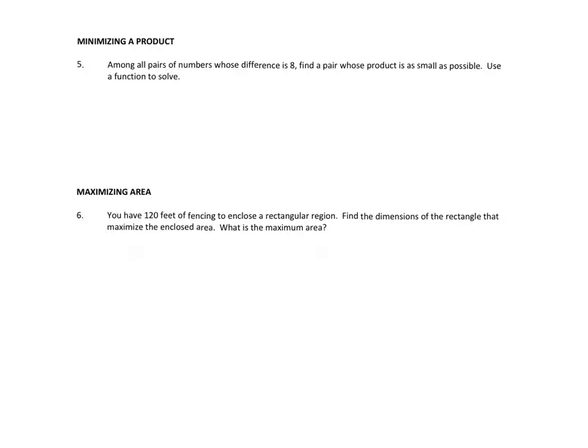as possible. So if we translated that first part of the sentence, most of us would say, okay, x minus y equals 8, x being the first number, y being the second number.